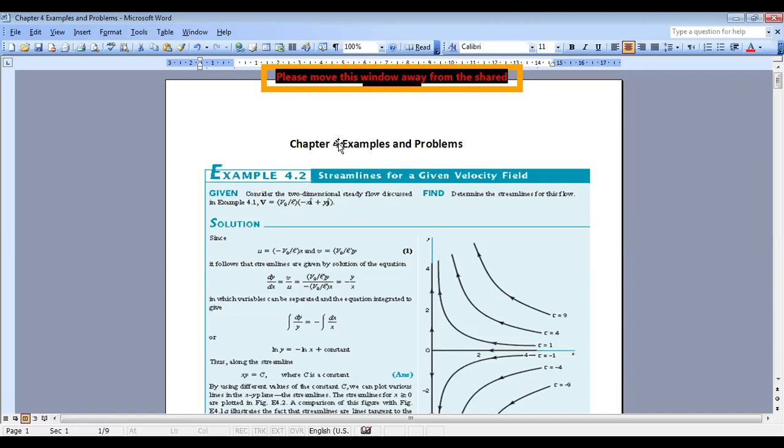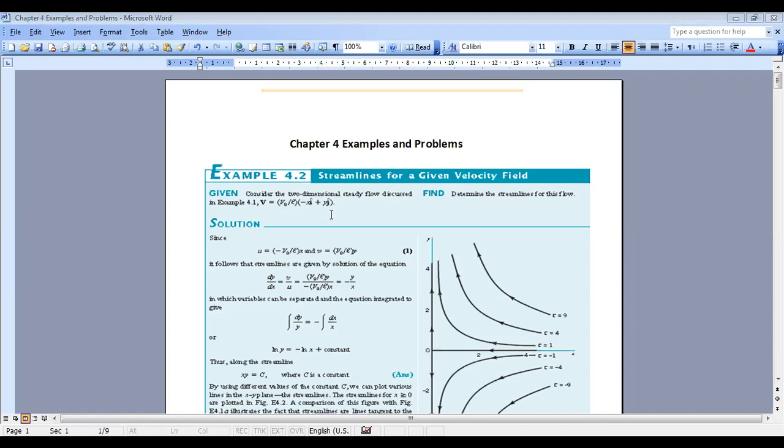Okay? This is why mathematically, to find the streamline, the equation is the following. You have that dy over dx is equal to v over u, okay?